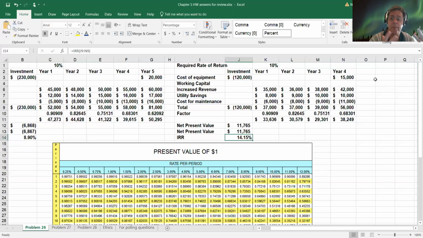Okay, so remember the decision tool is if it's positive NPV, we should do it. If it's negative NPV. Now, I warned you Tuesday that we do not use net present value to compare two positive net present value projects. But in this case, you have one that's negative and one that's positive.